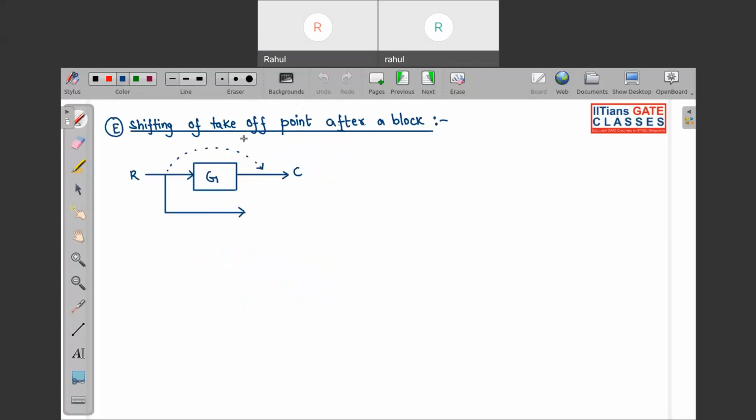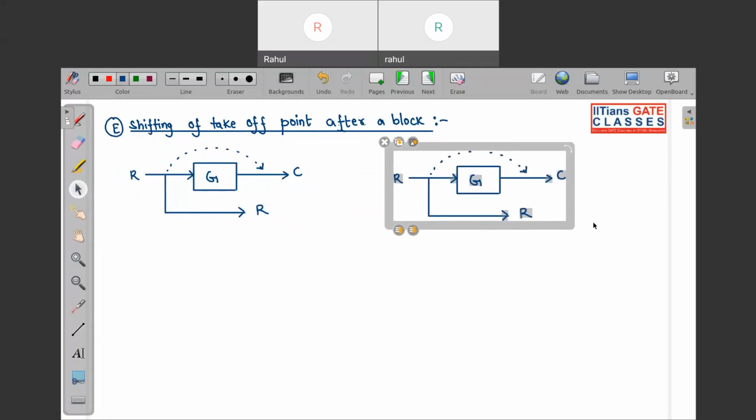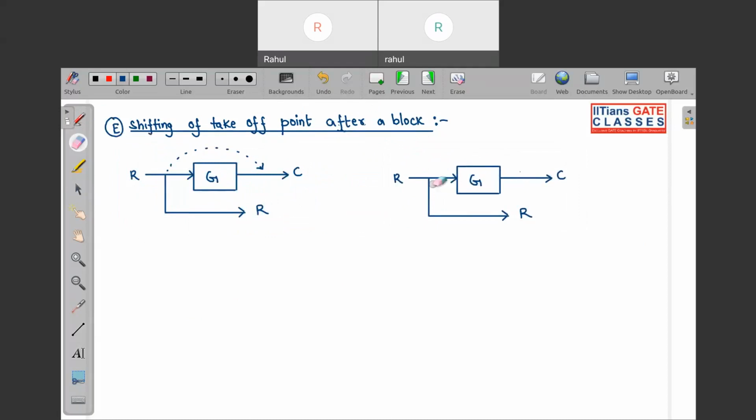So next is what? Shifting of takeoff point after a block. Again we are going to follow the same thing. Over here before manipulation it is R, so after manipulation also it should remain R only. So look over here. If we take this point over here, now you can see this C is equal to Rg, and this point has also become Rg.